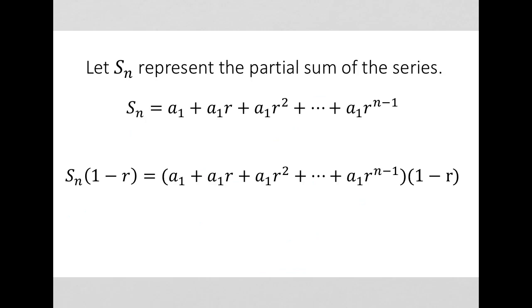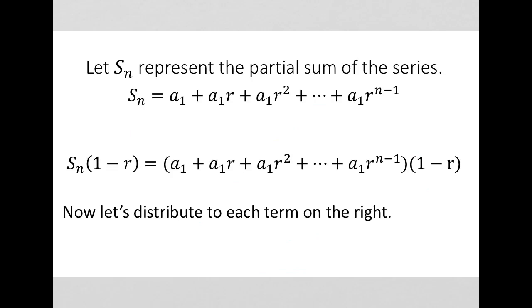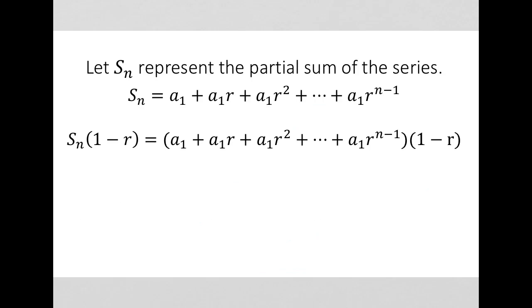And the logical thing to do next is to distribute this 1 minus r into all of these terms. We're going to leave it on the left, but we're going to distribute it on the right. Think about what we're doing. We're going to take 1 and multiply it by the first term.